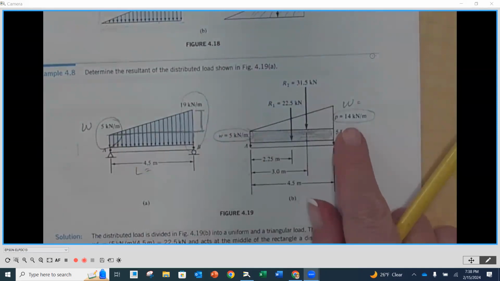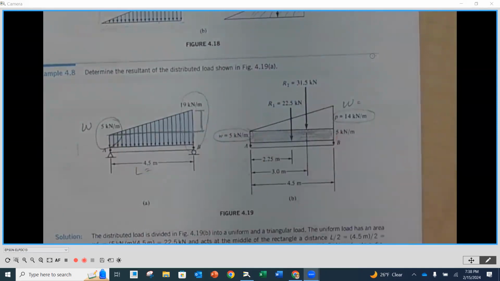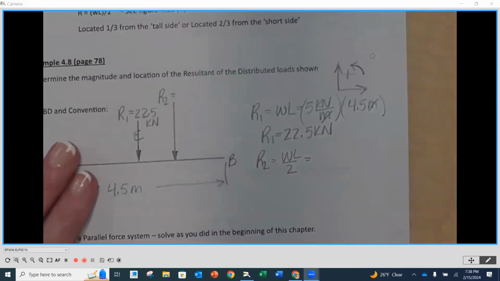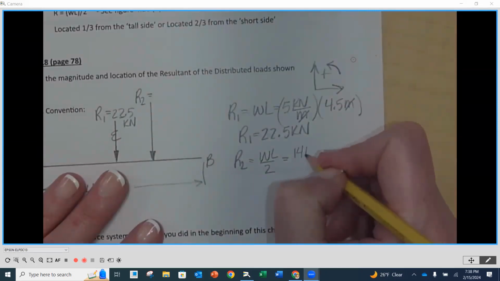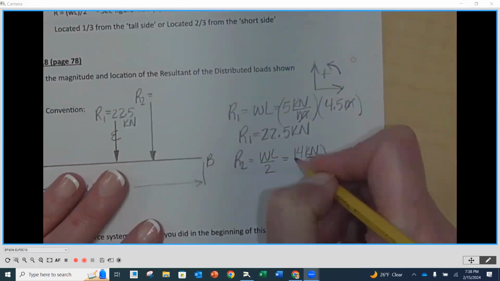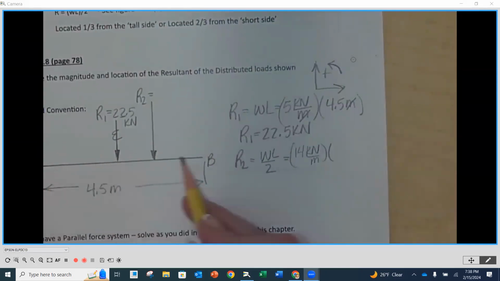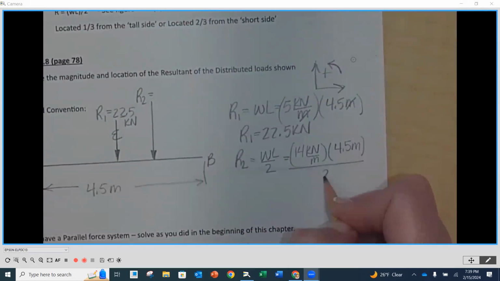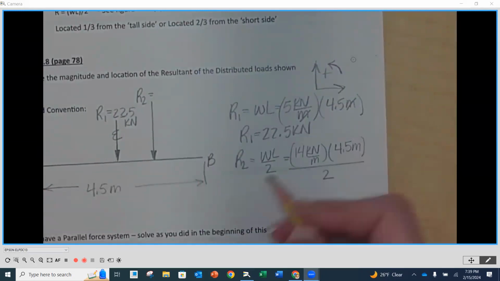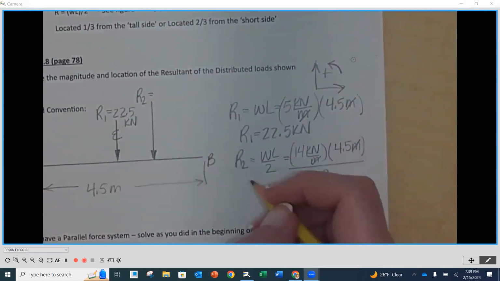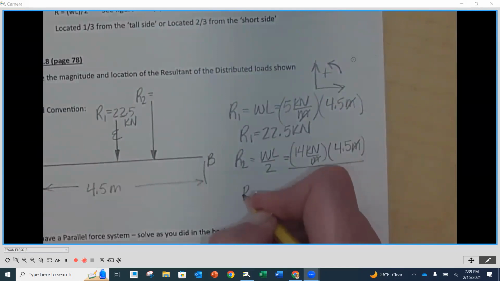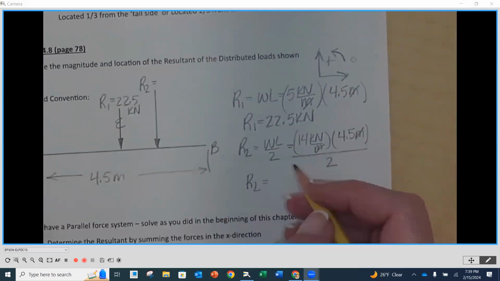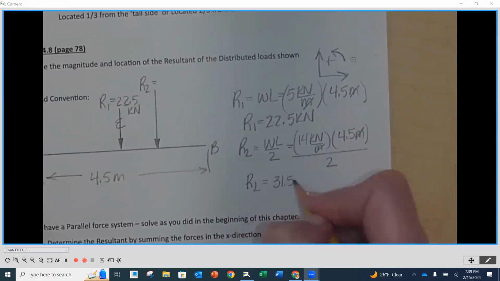So that's going to be 14 kilonewtons per meter. So 14 kilonewtons per meter times the total length, which is still 4.5 meters, divided by 2. Meters cancel out, we're left with kilonewtons. R2 is going to be 31.5 kilonewtons.